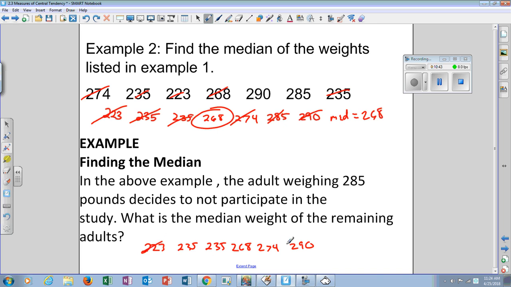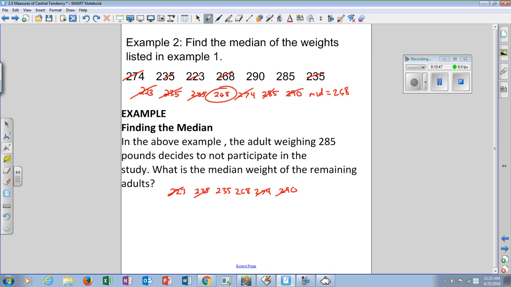And so our median is going to be the mean of those 2 points, or those 2 weights. So you add them together and divide by 2. It's going to give you 251.5. That's your median weight.